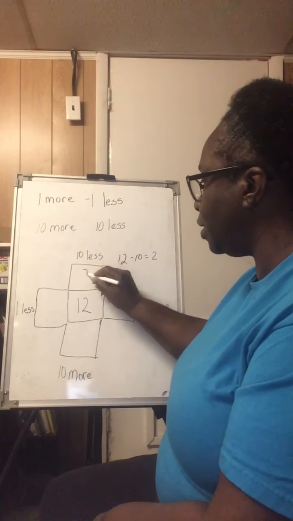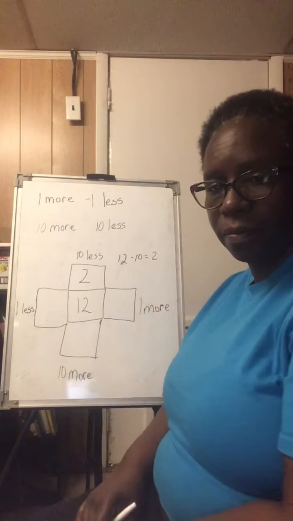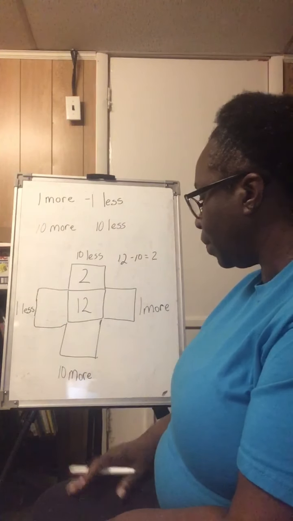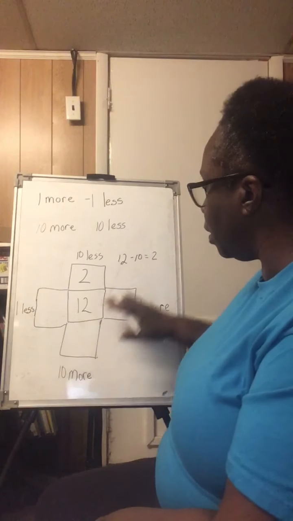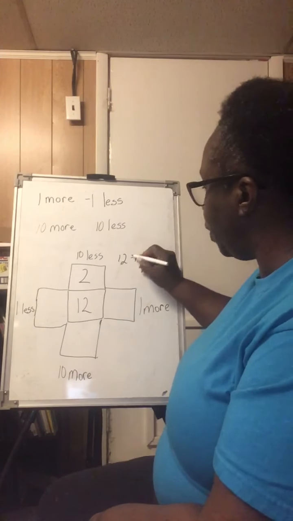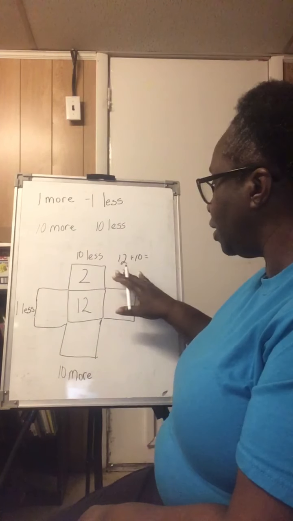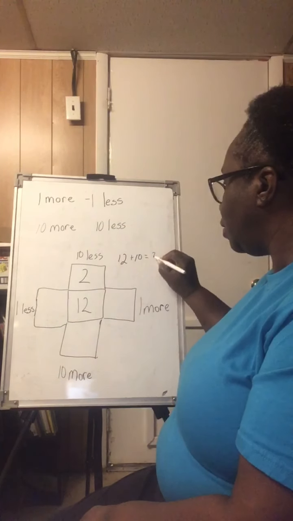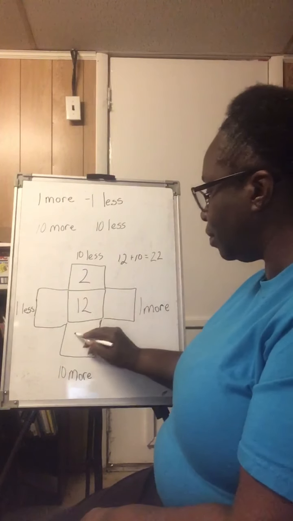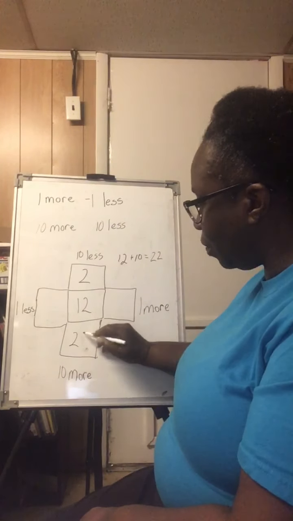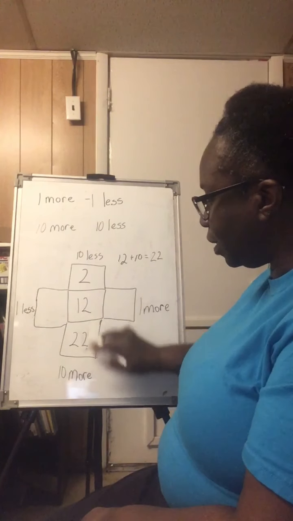So 10 less is 2, because you took off your 10. So if I had 10 more, it would be 12 plus 10, and that'll give me what? 22. 22, because that's 10 more.